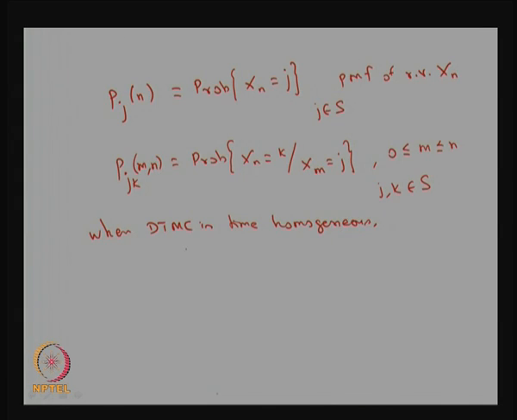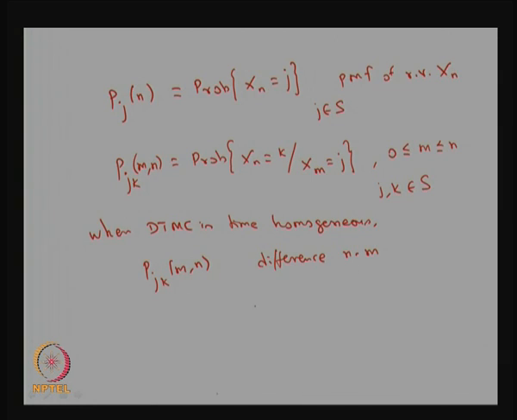That means p_jk of m comma n depends only on the time difference n minus m. Whenever the DTMC is time homogeneous, that means it is time invariant. So, the actual time does not matter, only the time difference is important. Therefore, this depends only on the time difference n minus m.